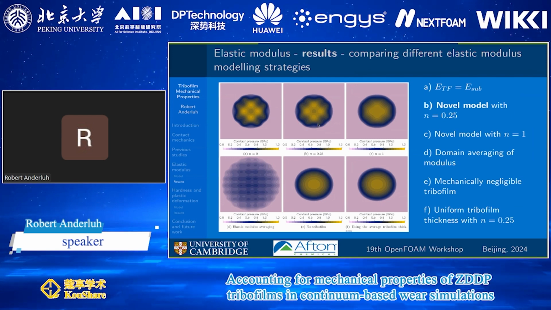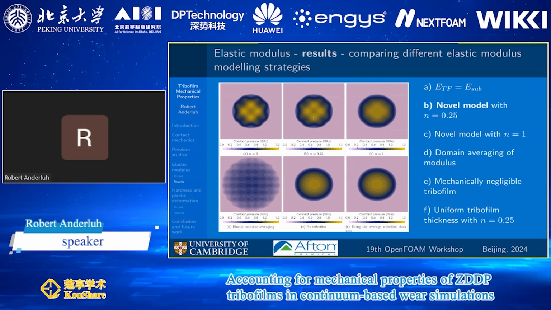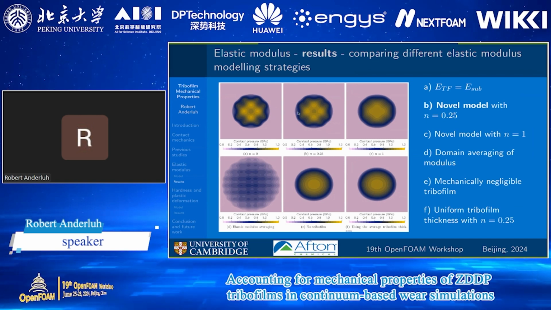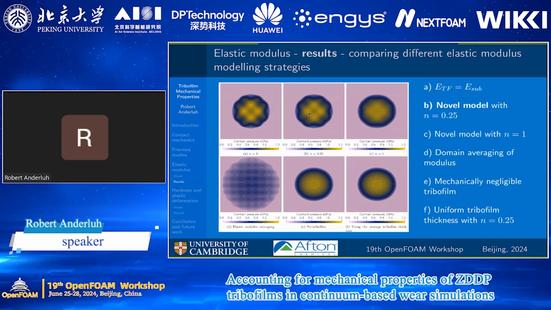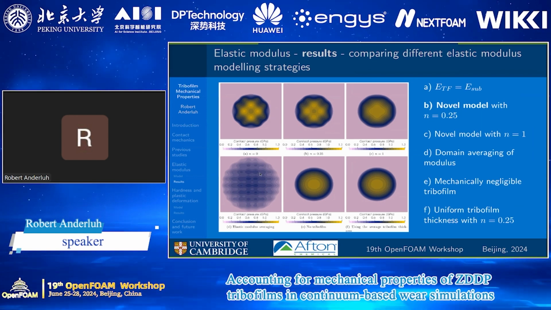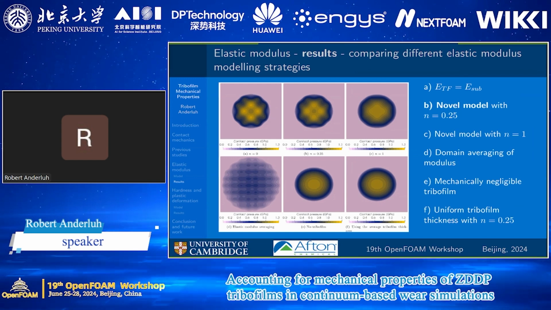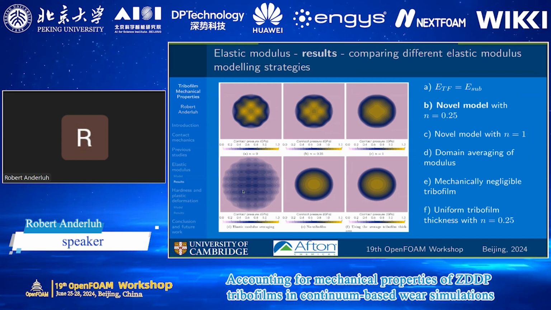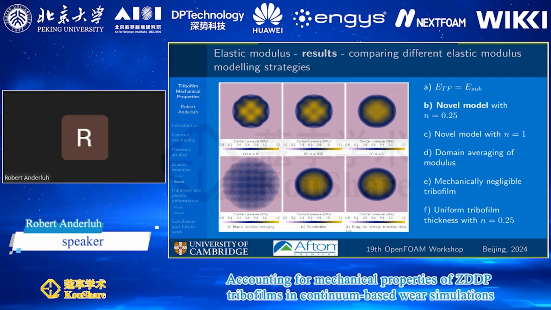Then this is basically the proposed solution. This is our model with n equals 0.25. We see the difference here is not massive, but it is of the order of 10 to 15% for the maximum contact pressure. Another interesting one is the solution where we do domain averaging of the elastic modulus, and we can see that this produced a very poor result in this case.